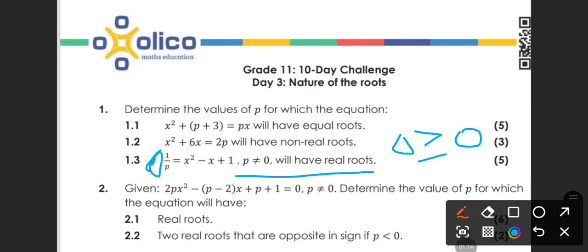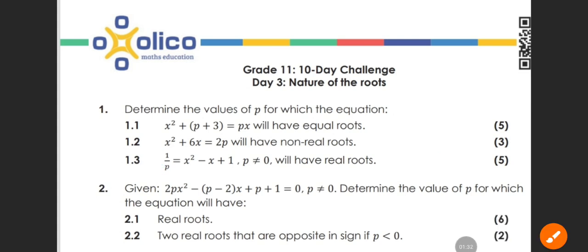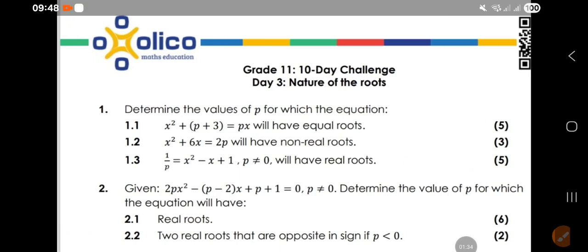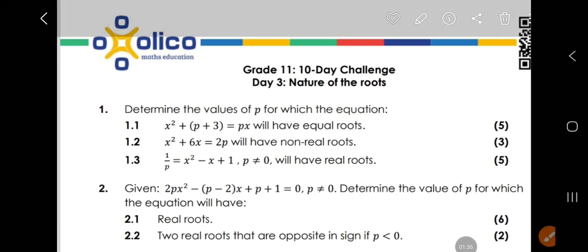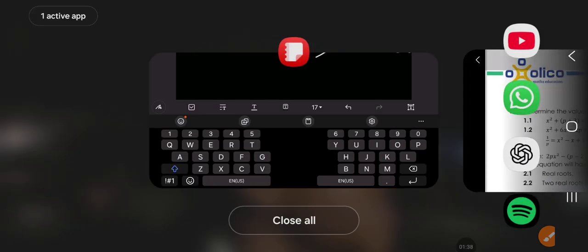So I'm going to switch screens and we'll do it together. Let me take this down here: 1 over p equals x squared minus x plus 1 plus 1. Sorry about that.